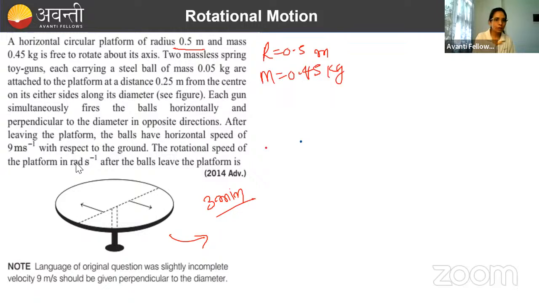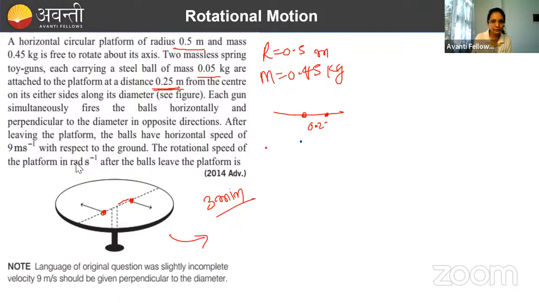Now what is happening? Two massless spring toy guns, each carrying a steel ball of 0.05 kg, are attached to the platform at a distance 0.25 meter. So this is one toy gun and this is another toy gun, and from the center, their distance is how much?